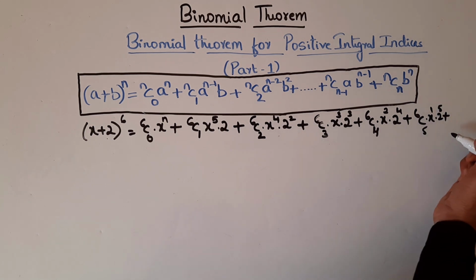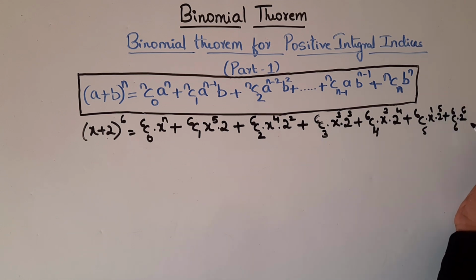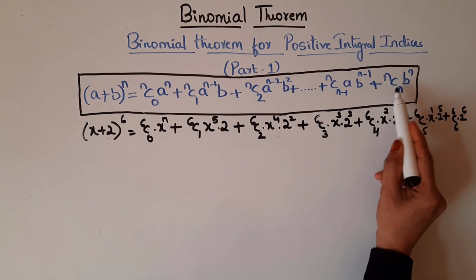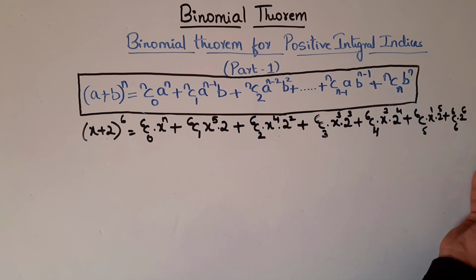So the last term will be 6C6 into x^0. X power 0 is 1, so we will not have this x term, so 2^6. So this is our last term. So nCn into b here is 2, so 2^n is 2^6.